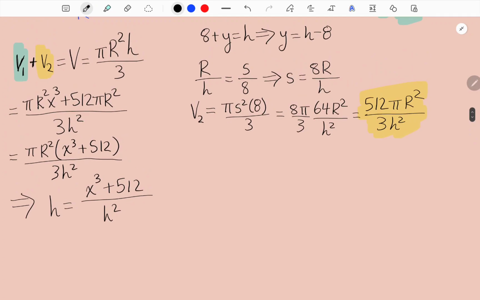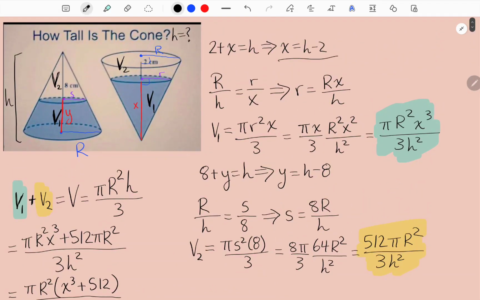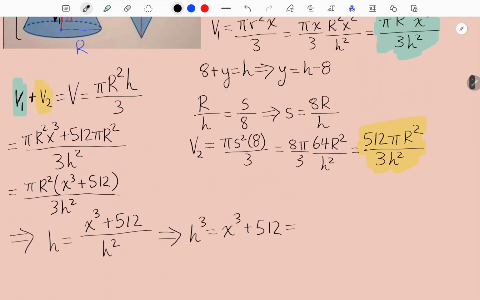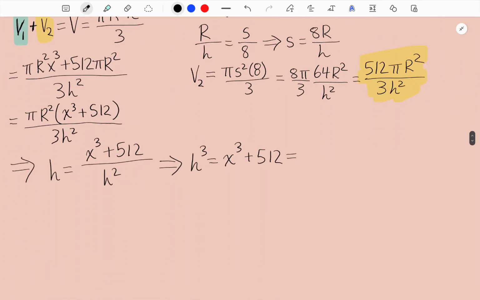So now we see here that if we multiply h squared on both sides, I get that h cubed is equal to x cubed plus 512, which actually equals, well, what is x equal to? Right at the beginning, x is equal to h minus 2. So I said earlier, we need to make sure things are in terms of h. That's what we're trying to solve for. So h minus 2, that whole thing cubed, plus 512.